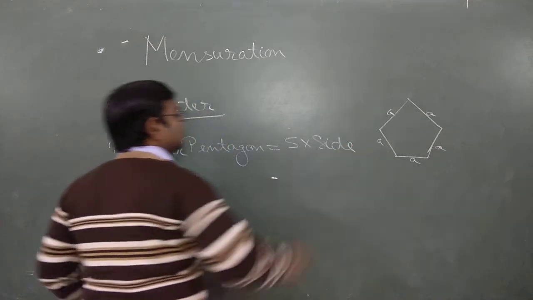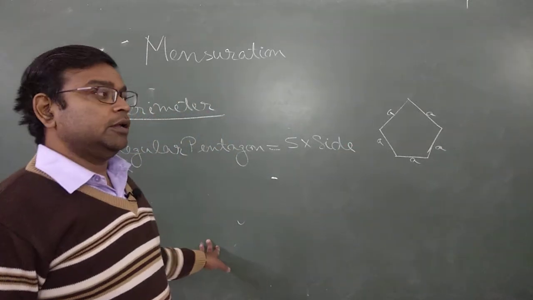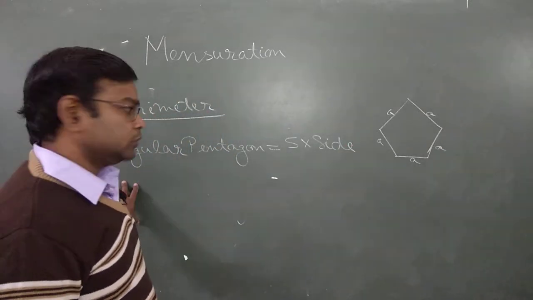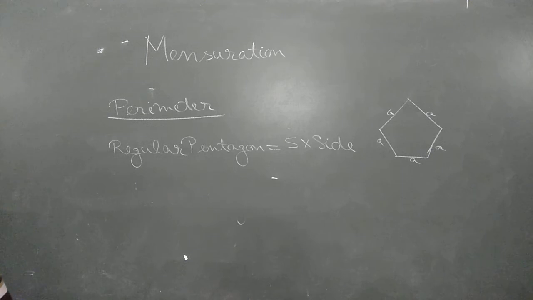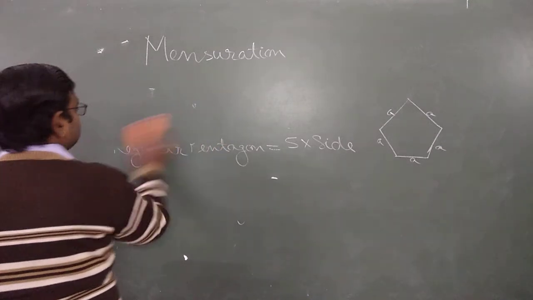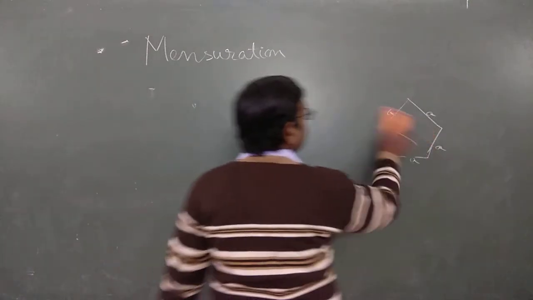Similarly, there is a regular hexagon, regular heptagon, regular octagon, whatever it is, regular means equal. So all these things you must remember: the concept of perimeter, then the formula of perimeter, and its use in word problems.